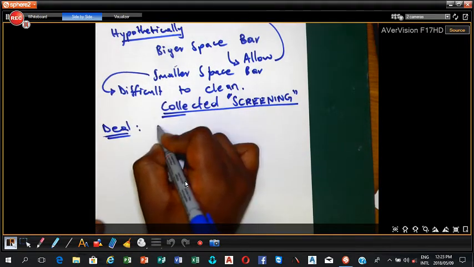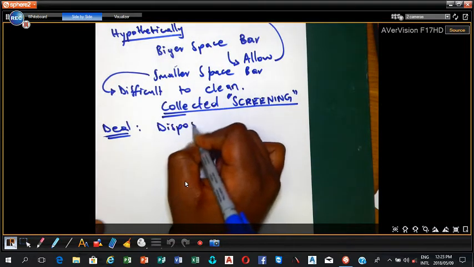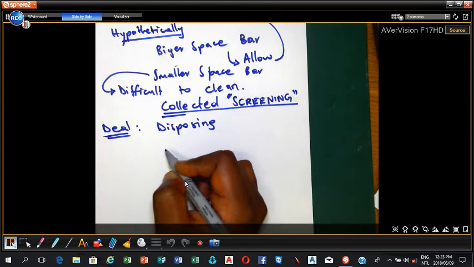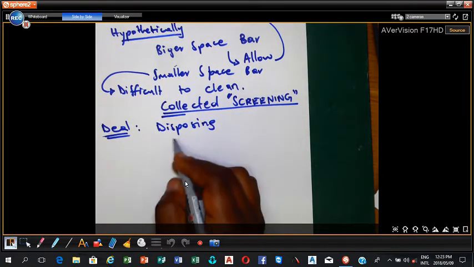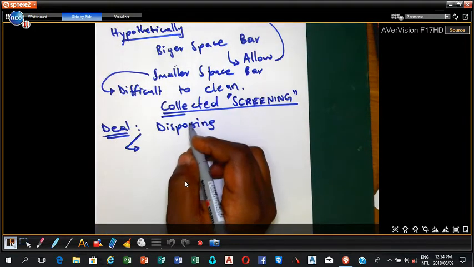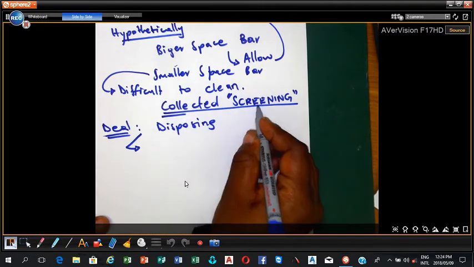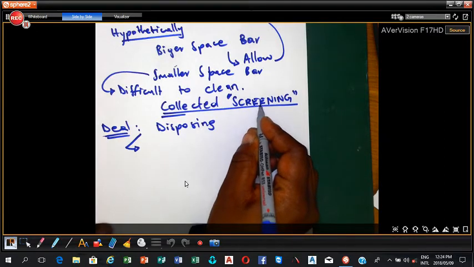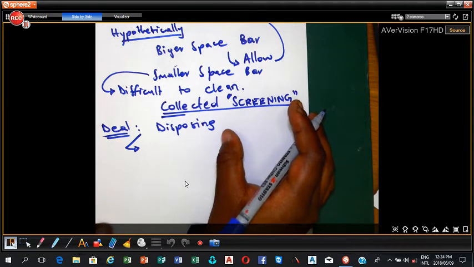Number one could think of disposing the screenings. But before you can dispose, we would want to know one question. What would make these screenings to have a difference in volume on that particular day?